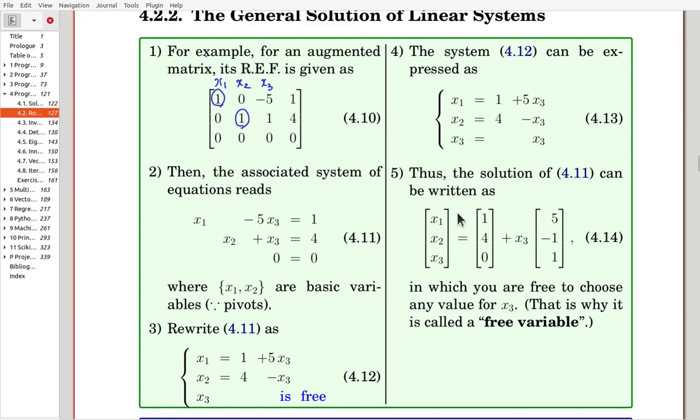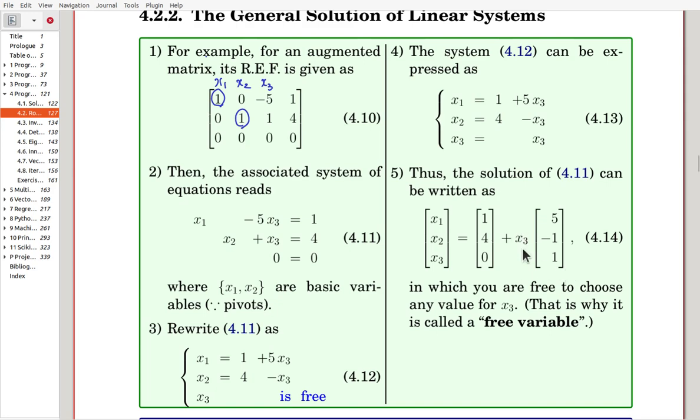Then x1, x2, x3 is this constant vector, 1, 4, 0, and for x3 the vector is 5, minus 1, and 1. So we reach this solution. For an arbitrary choice of x3, the result will be a solution.